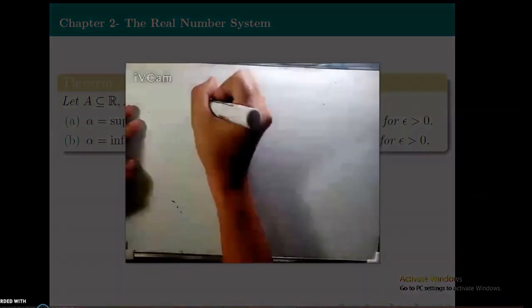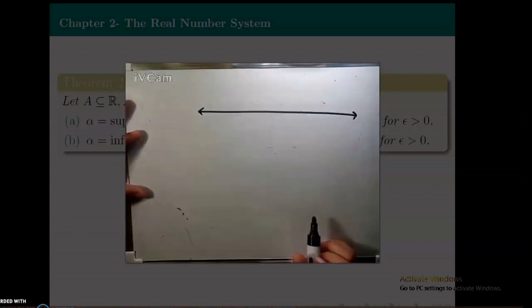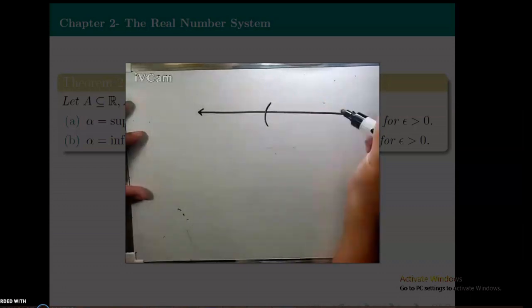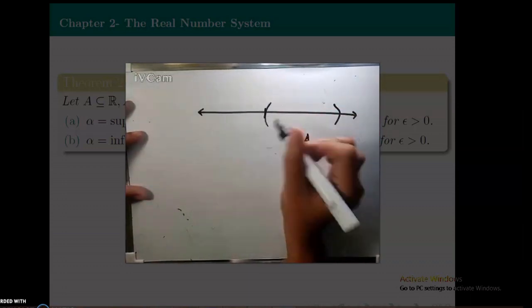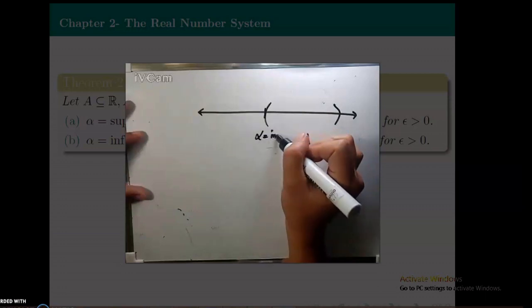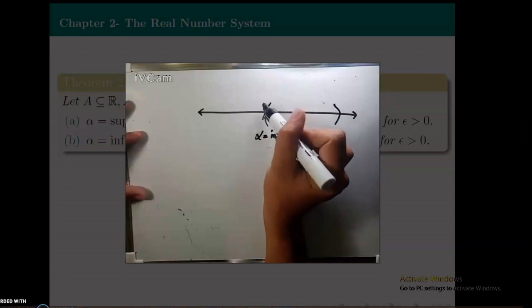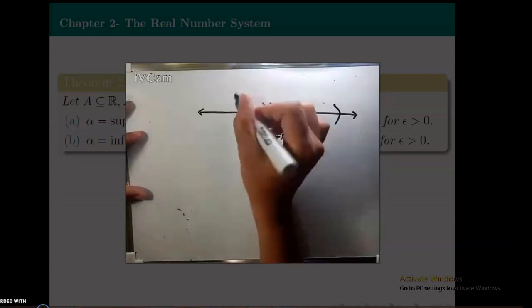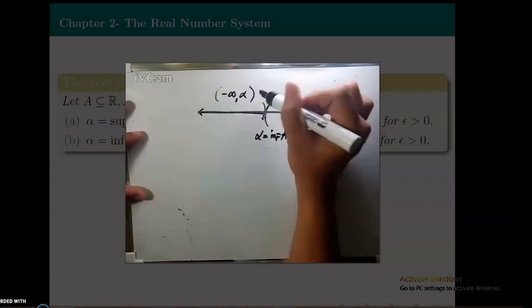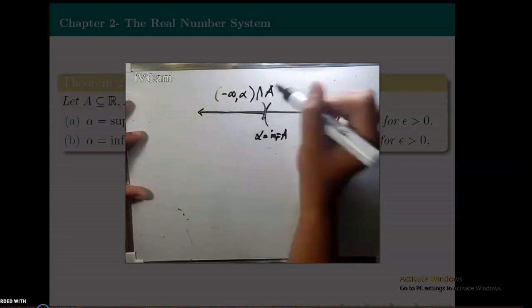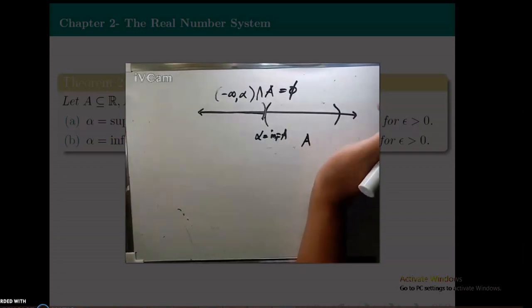So consider again this. For example, we have here our set A, then this is alpha, which is equal to the infimum of A, and if we take the intersection of this open interval with A, of course it is empty, there is no common element.